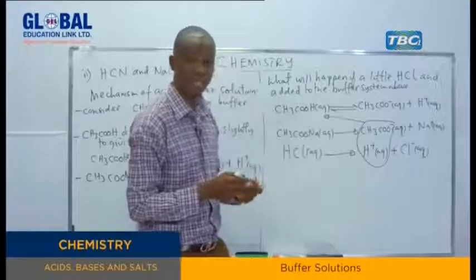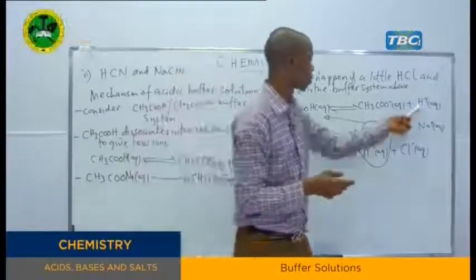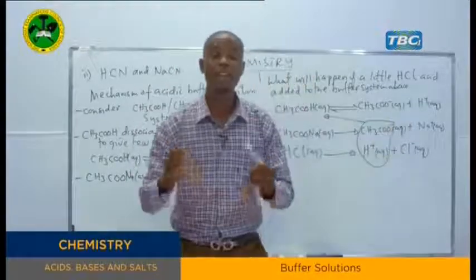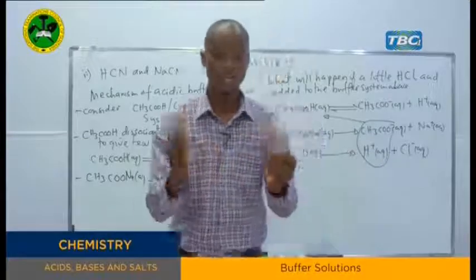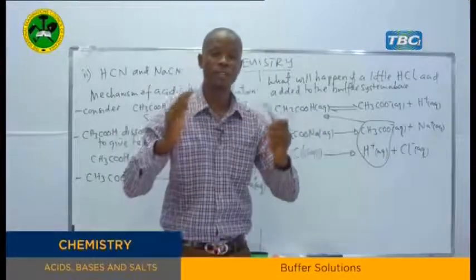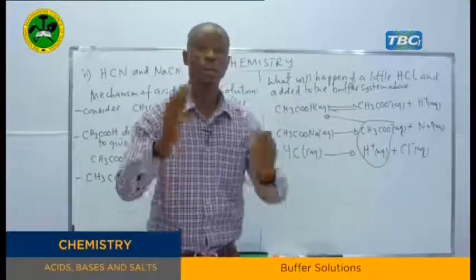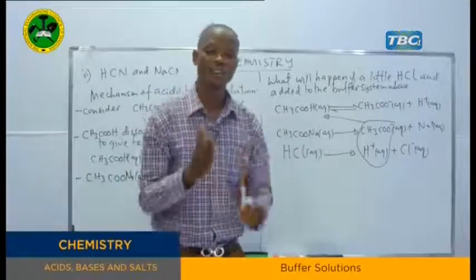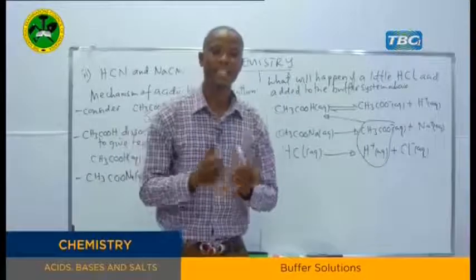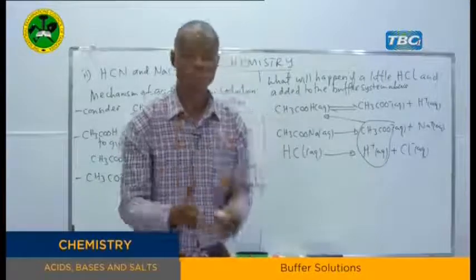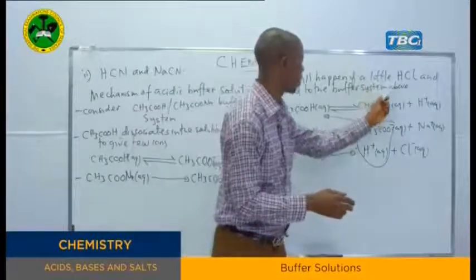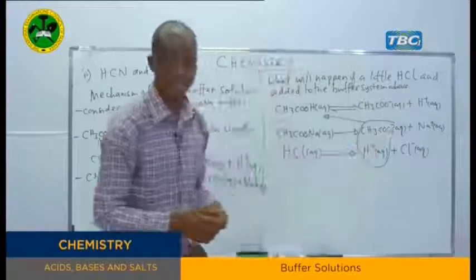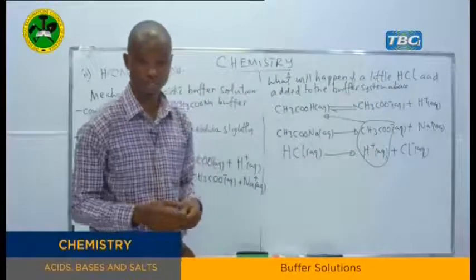If that happens, the concentration of hydrogen ions will remain fairly constant. Now, if that happens as well, the pH of the solution will remain constant. That is how the buffer solution can resist the change in pH when a small amount of hydrochloric acid is added into that system.